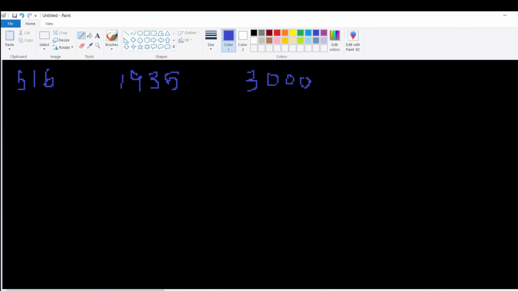Now, how would you decide which two numbers are to divide first and what would be the procedure of the whole HCF thing? So, you take the first two numbers, like 516 and 1935, the smallest ones, first and second one. The largest one is kept aside for the moment.